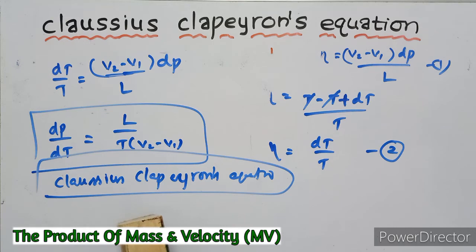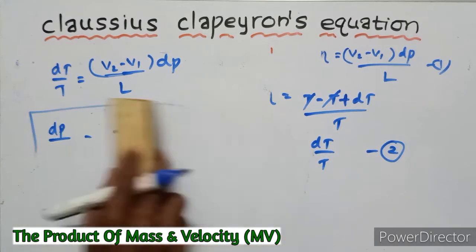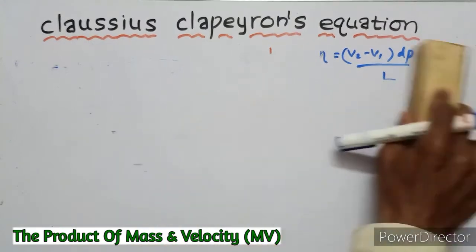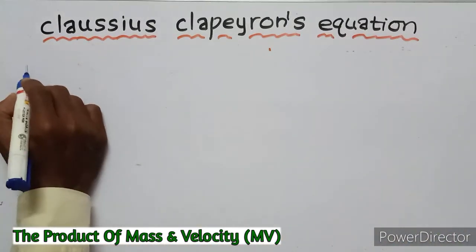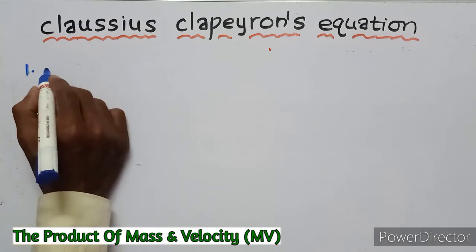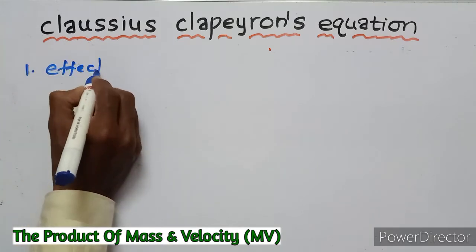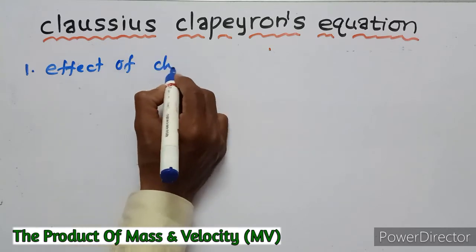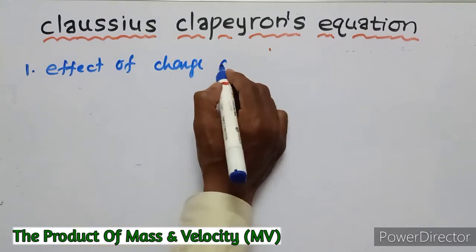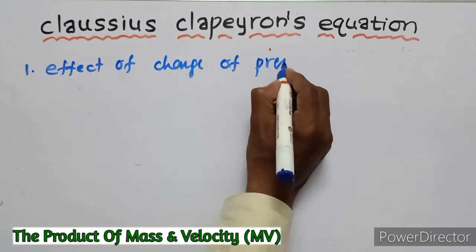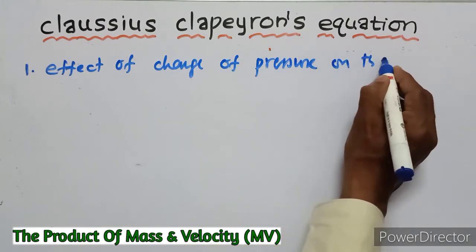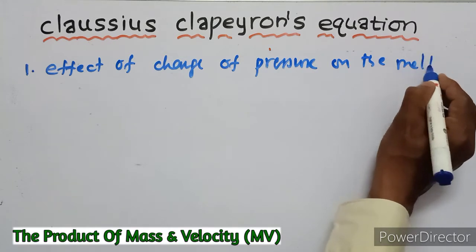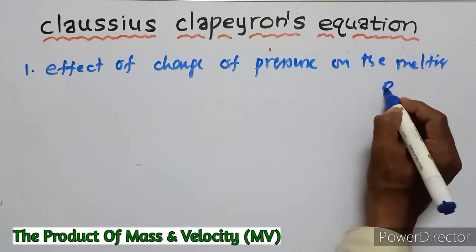discuss when a solid is converted into liquid. So some melting points are remaining. So first one is the application. This is also an application: effect of change of pressure on the melting point.